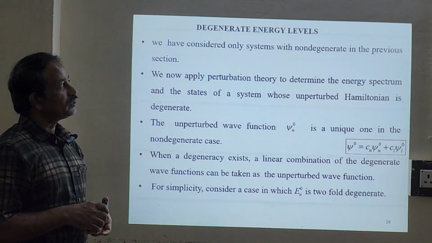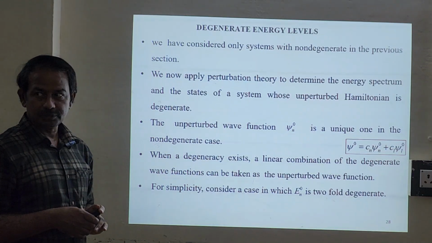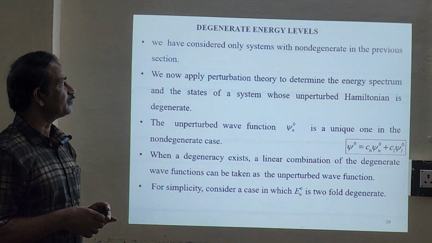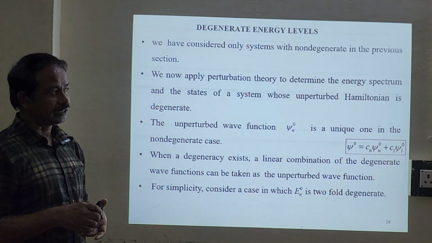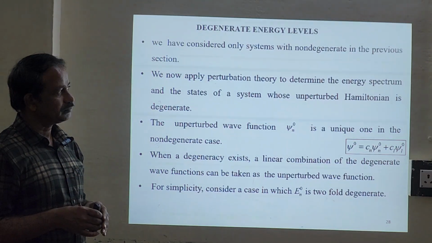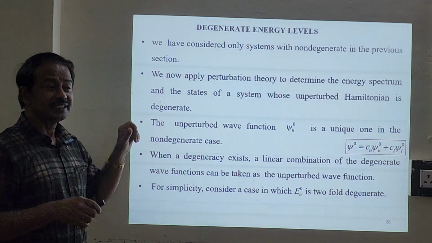We have considered only non-degenerate systems in the previous section. Of course, we discussed the non-degenerate case for perturbation theory in the previous section. Now we are going to apply perturbation theory to determine the energy spectrum and the states of the system, E and psi, whose unperturbed Hamiltonian is degenerate.